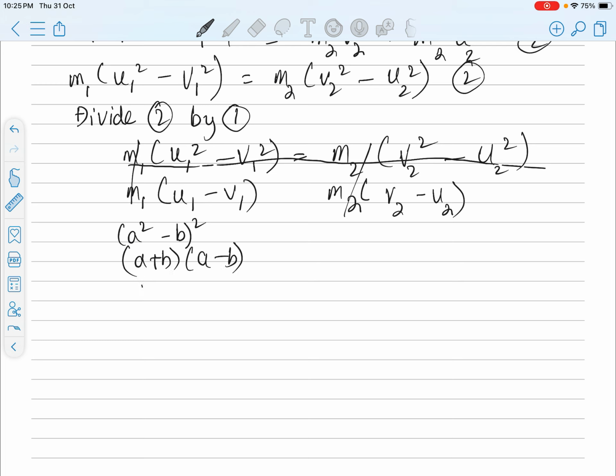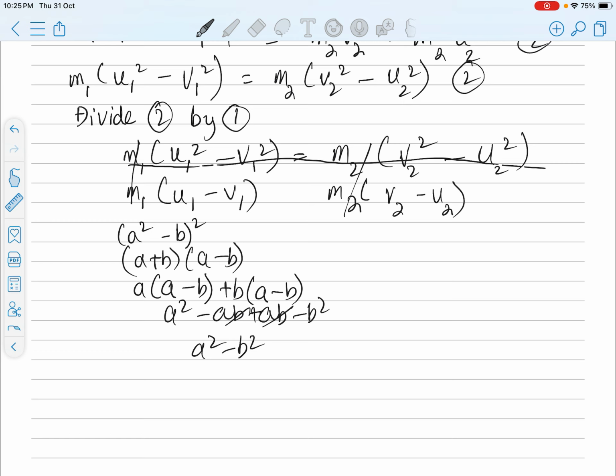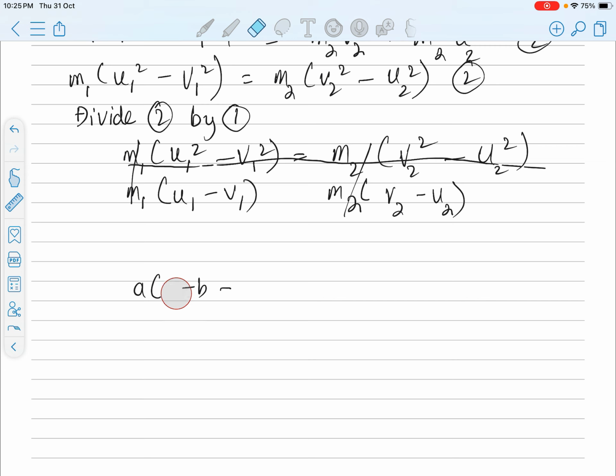Why? a plus b times a minus b gives a square minus ab plus ab minus b square, so it gives me a square minus b square as well. So I can write it as (u1 plus v1) into (u1 minus v1).